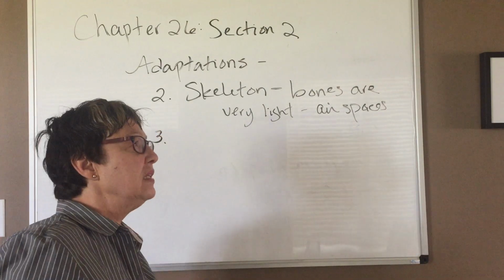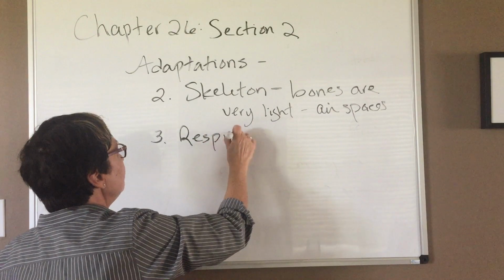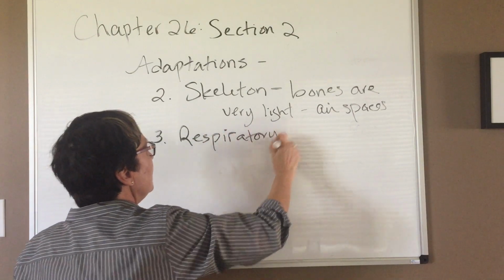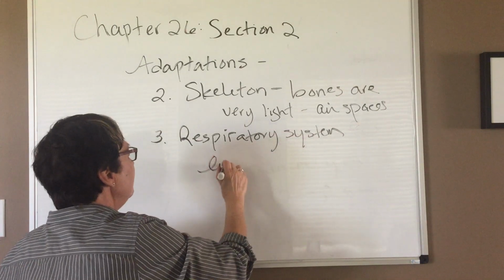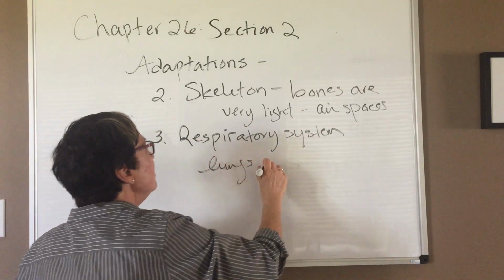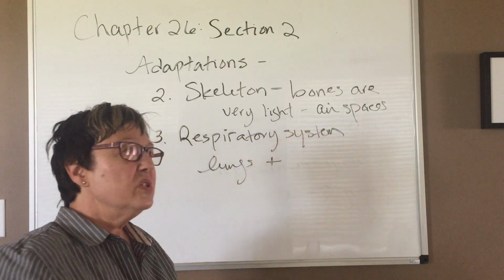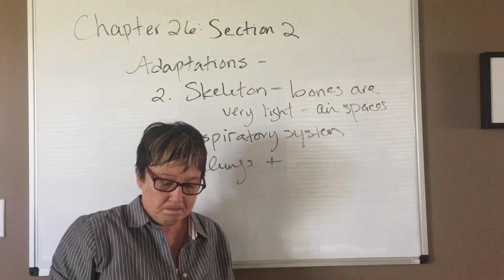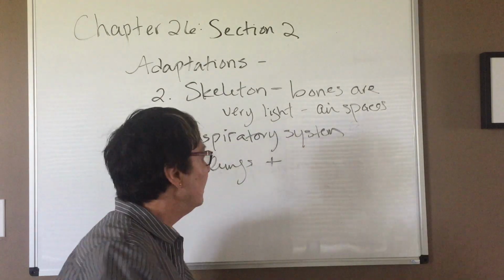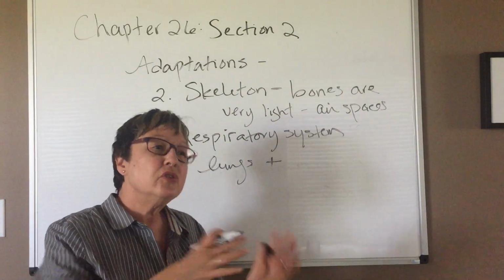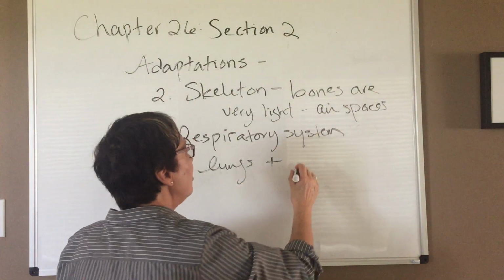Third important adaptation is in the respiratory system. Birds have a set of lungs, plus they have numerous elastic sacs, if you will, that have tubes that lead from the lungs to these sacs, and they're called air sacs.